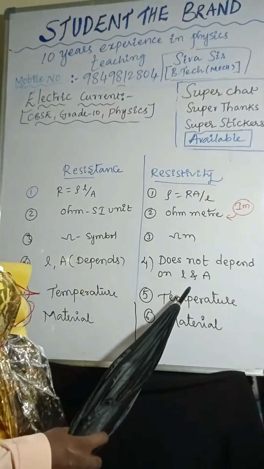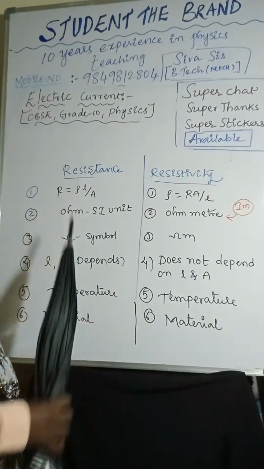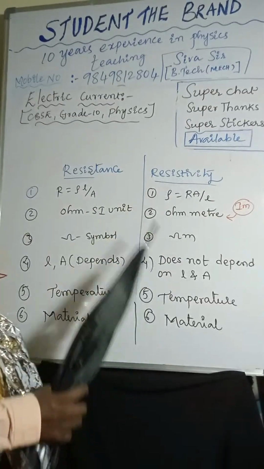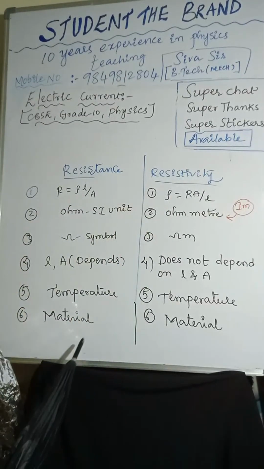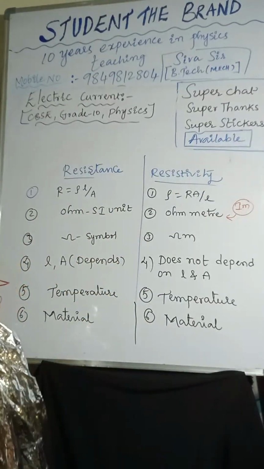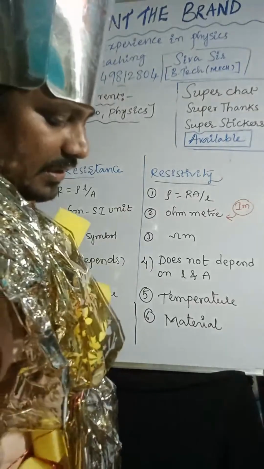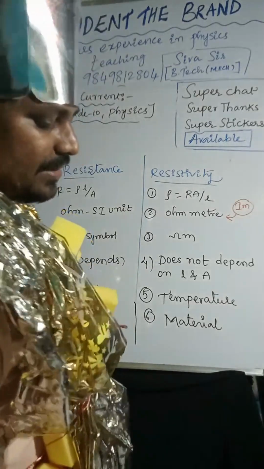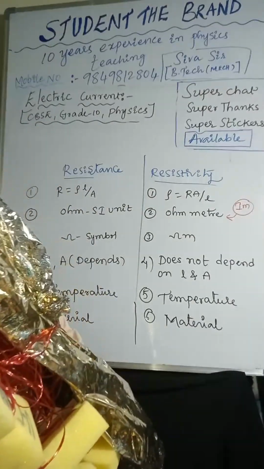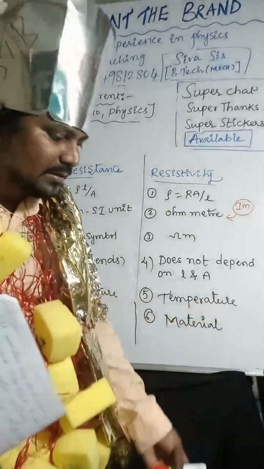Both depend on temperature and on the material of the conductor. So these are the differences between resistance and resistivity. Next we'll go to one more question.